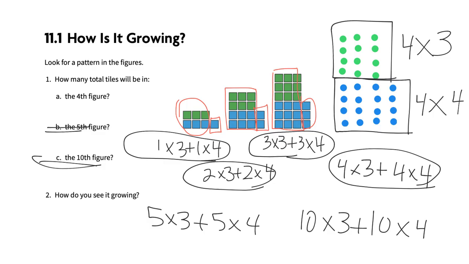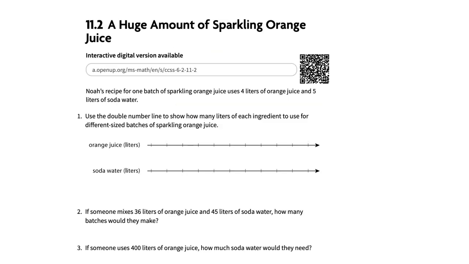So we might see a different pattern based on seeing the shape in a different way. That is a very rich number talk.